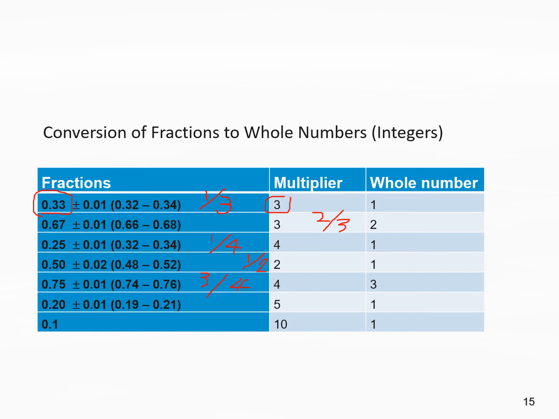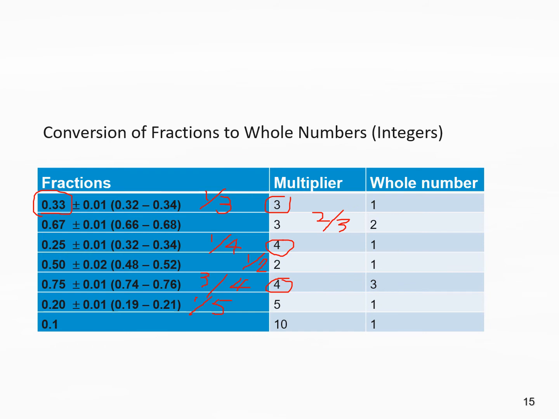So as you can see, 0.25 and 0.75 have the same multiplier. 0.20 means 1/5, so the multiplier is 5. For 0.1, the multiplier is 10.